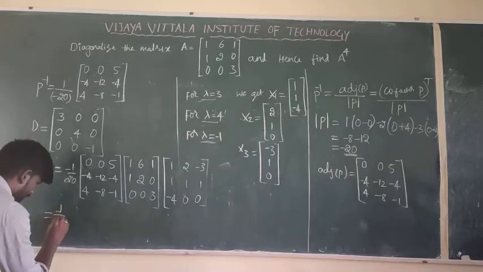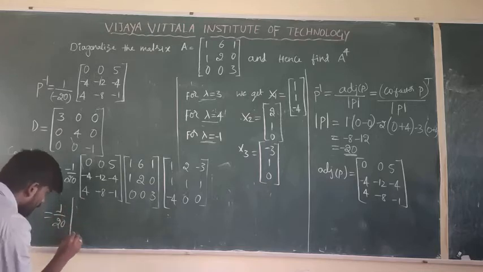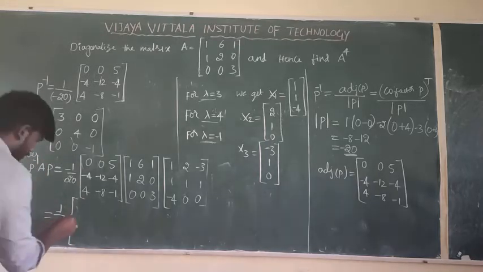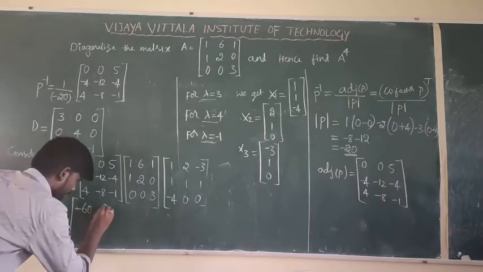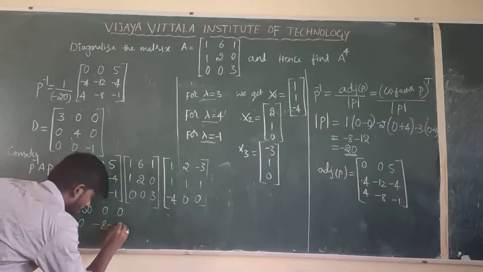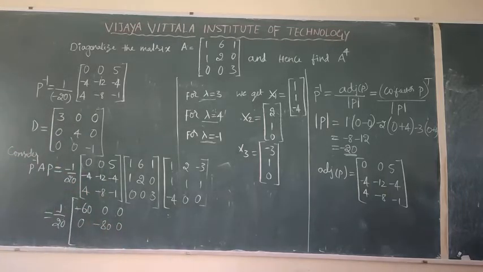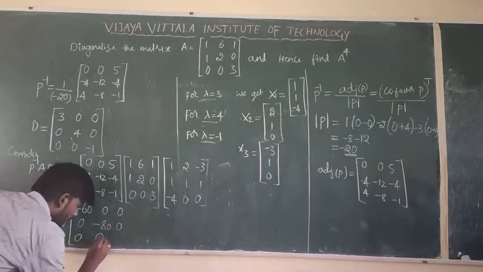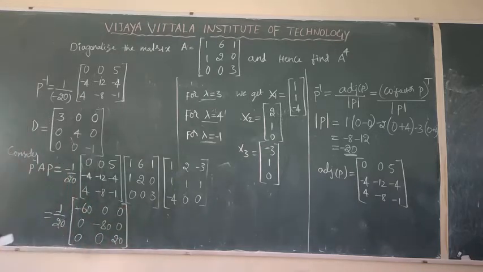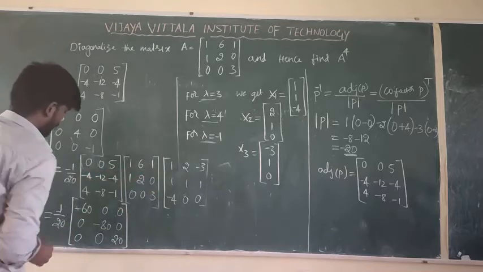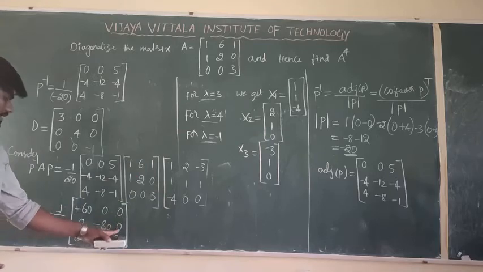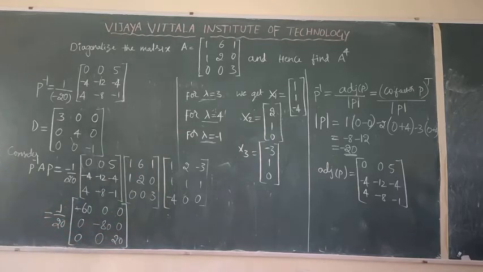After multiplying these three matrices, we get minus 1 by 20 into minus 60, 0, 0, 0, minus 80, 0, 0, 0, 20.